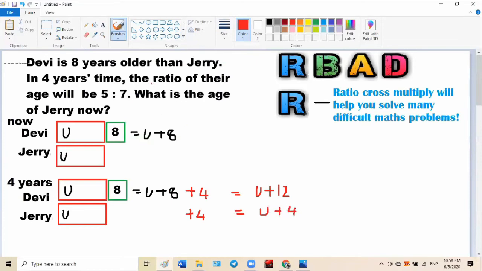The next part of the statement says the ratio of the ages will be 5:7. We have to be careful here because who is supposed to be 7? Davy will be the older one, so he should be equal to 7, whereas Jerry should be equal to 5.